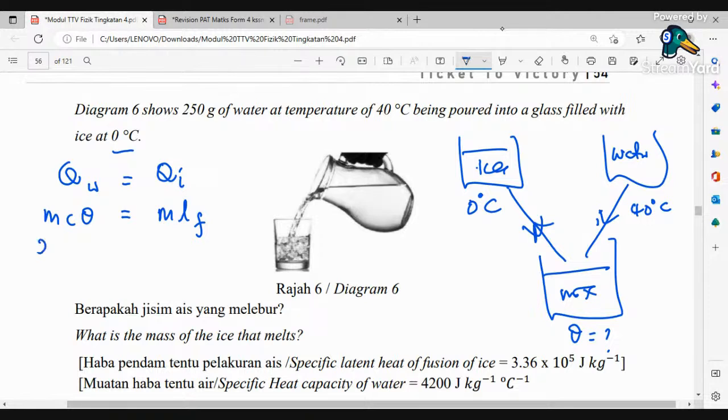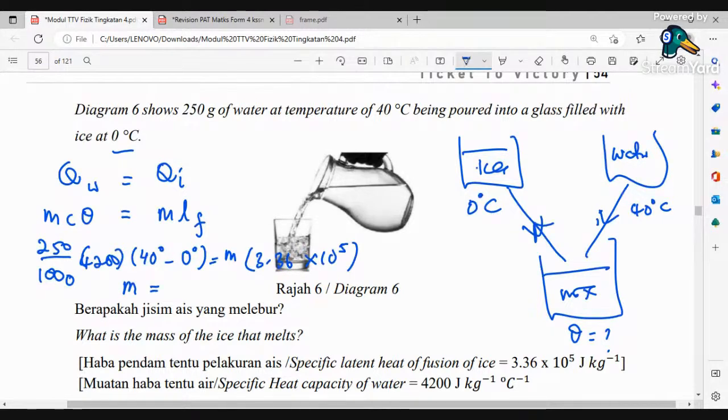So we have 250 over 1000. c is for water, 4200. Let's say 40 degrees Celsius minus 0, because finally it becomes cold. So m times the latent heat of fusion, 3.36 times 10 to the power 5.